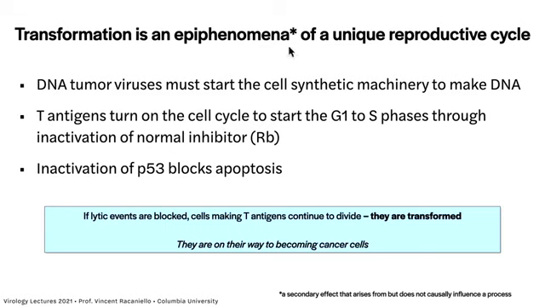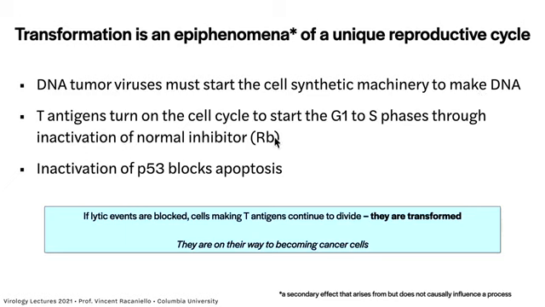So transformation is an epiphenomenon, which is a secondary effect that arises from but does not causally influence a process. It doesn't influence reproduction of most of these tumor viruses. It happens because DNA tumor viruses have to get the cells dividing. So T antigens turn on the mitogenic cycle.